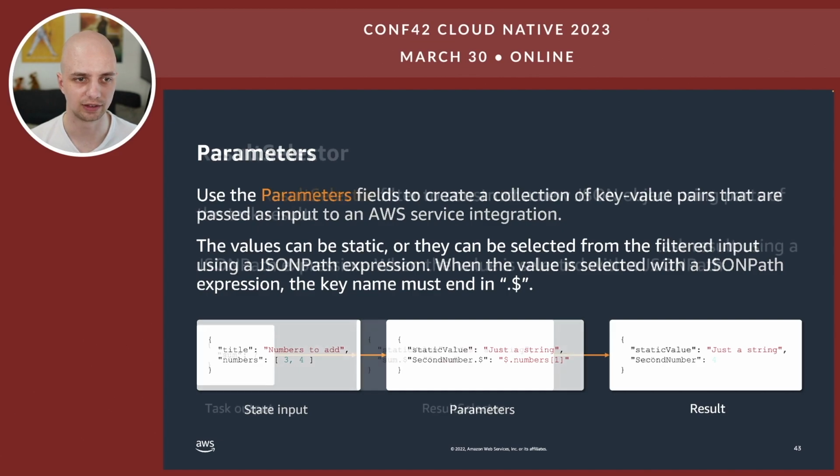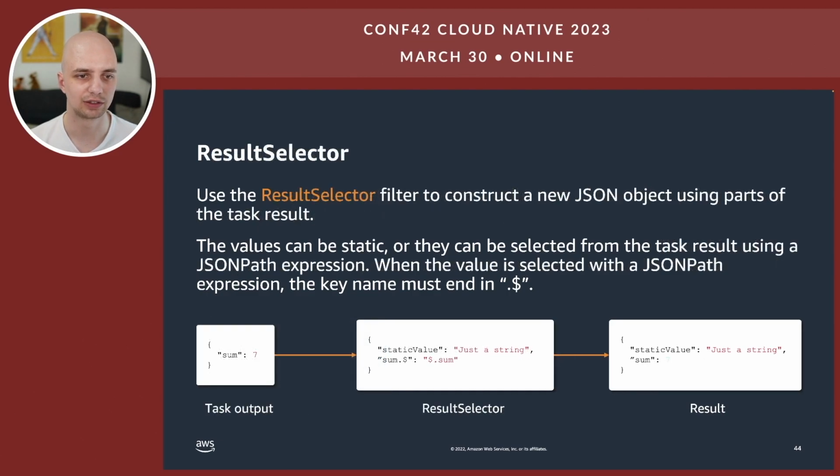Then we have the result selector. The result selector allows you to filter and construct a new JSON object using the task result. So for example, we have the task output, which is sum 7, and we select the sum field and add a static value, and then we have the result.